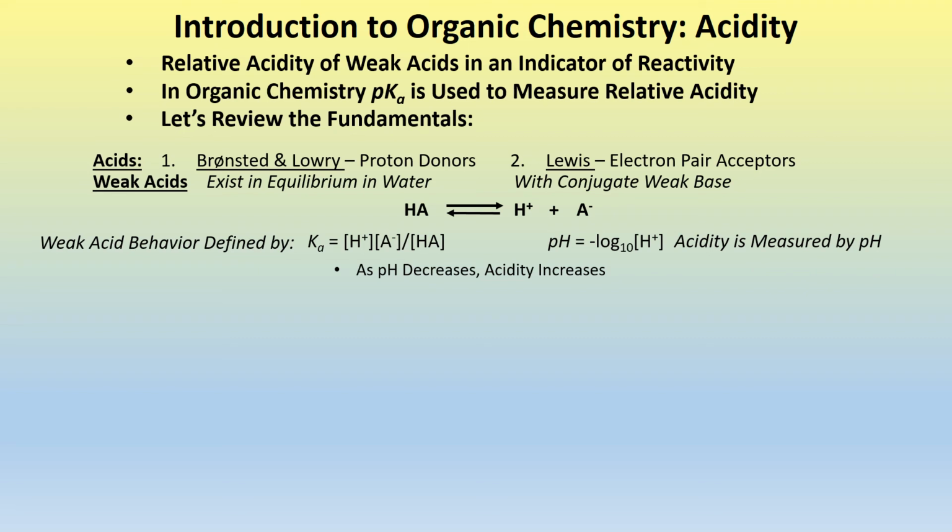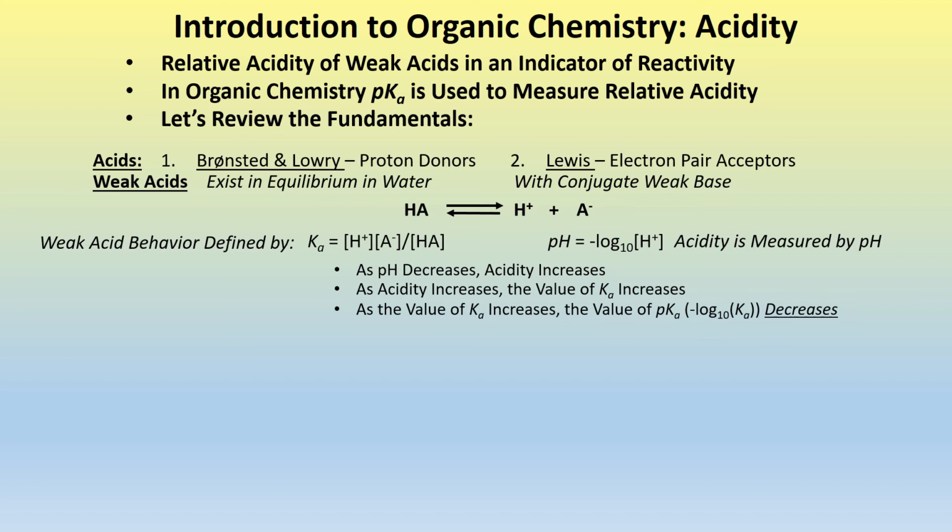As pH decreases, acidity increases. As acidity increases, the value of Ka increases. However, as the value of Ka increases, the value of pKa, the negative base 10 log of Ka, decreases.